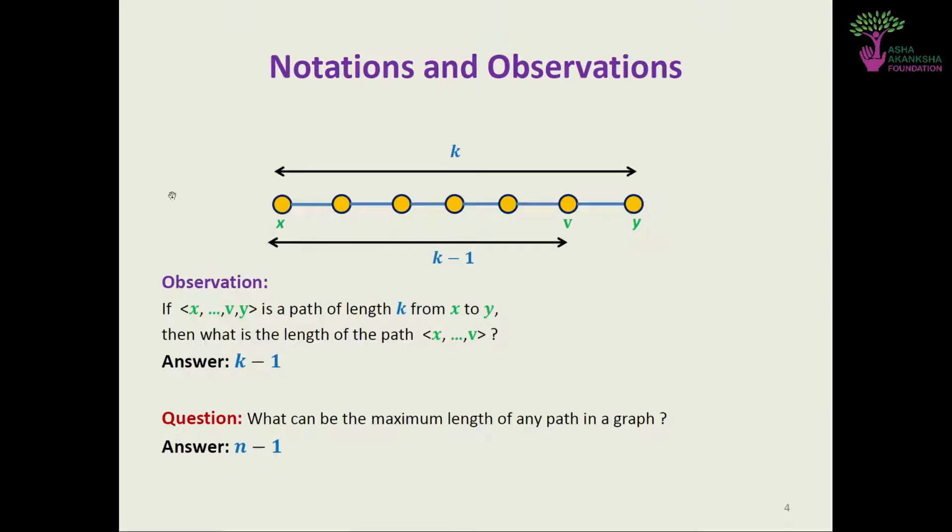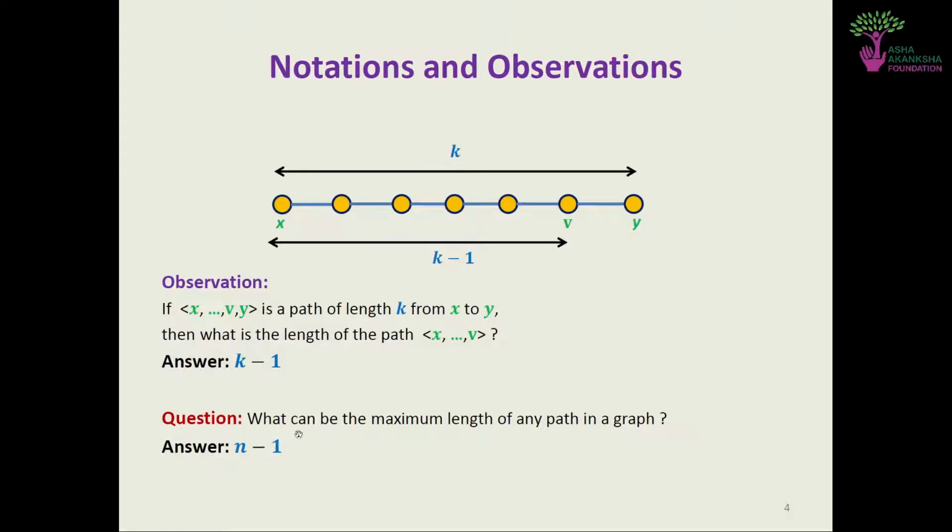Here is another example. Let's say x to y is a path of length k, and v is the vertex just before y, as you can see here. Then the total length of the path x to v would be k minus 1. This is trivial, since we are just subtracting one edge from the total k.